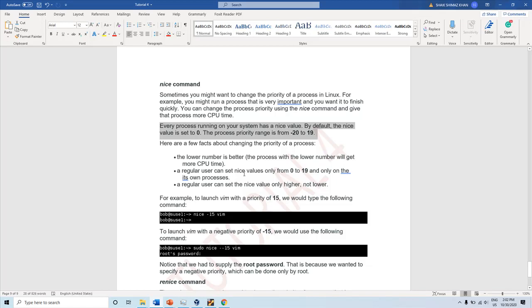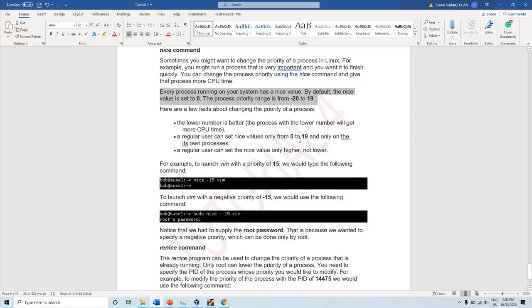A regular user can set a nice value from 0 to 19. So if the user is not root, not administrator, then the user can set a nice value for a process from 0 to 19. And if the user wants to give a very high priority, with negative values, then the sudo command has to be attached.